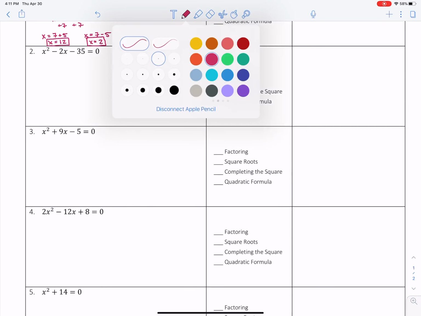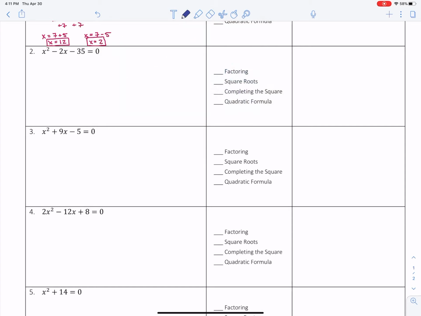I'll switch up colors. Looking at this one, I'm deciding between factoring. I can't use square roots, and the reason is that it has a bx term. The very first thing that I always like to check for is factoring.